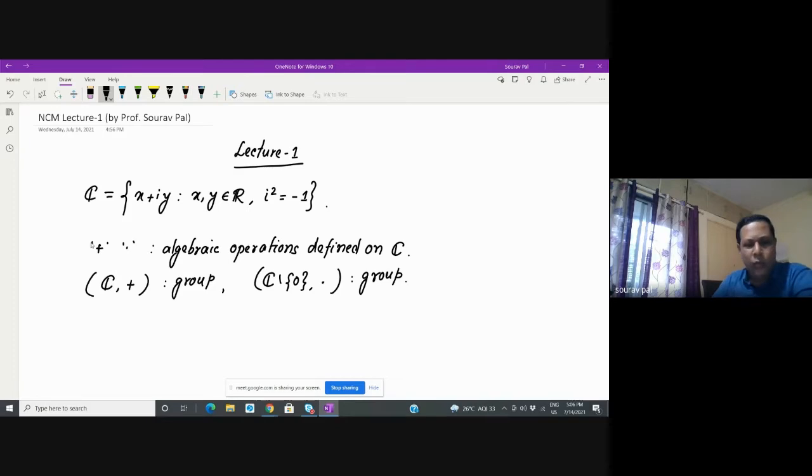So on one hand, we have a couple of algebraic structures on this set C, and now we will have a topological structure on C. So I'm going to define what is a topology. We all know it perhaps, but we will have a brief brush up of our existing concepts.